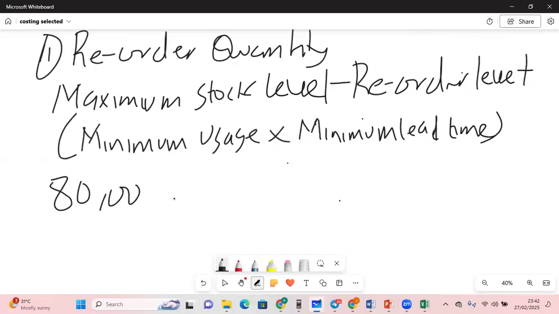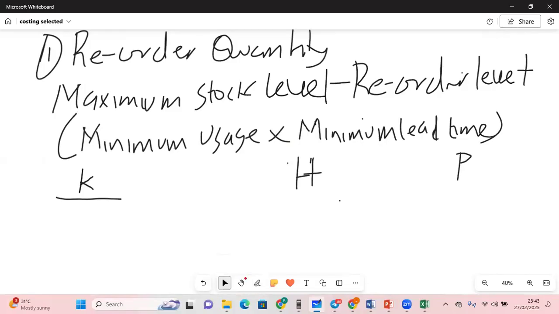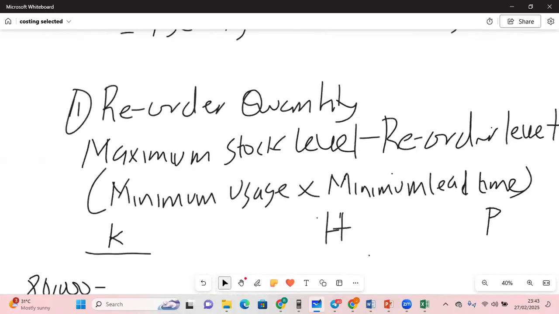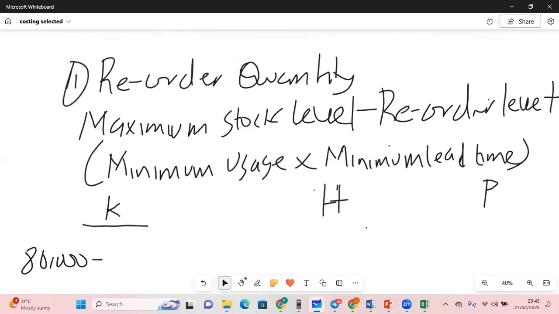80,000 for A, H. Then, so maximum stock level is what? 80,000 minus the reorder level we computed, 75,000.